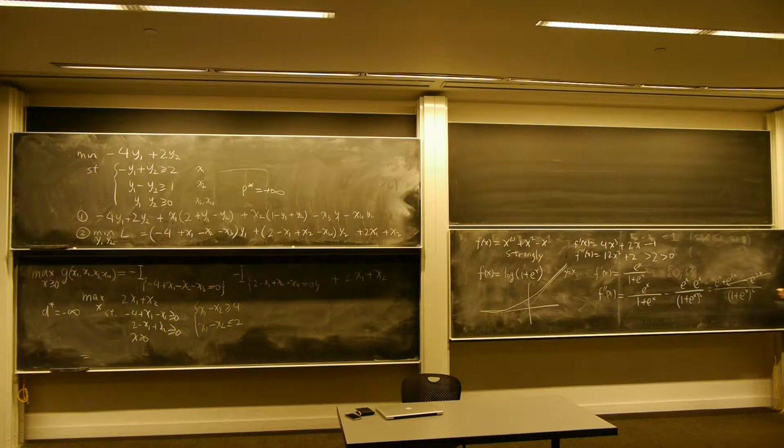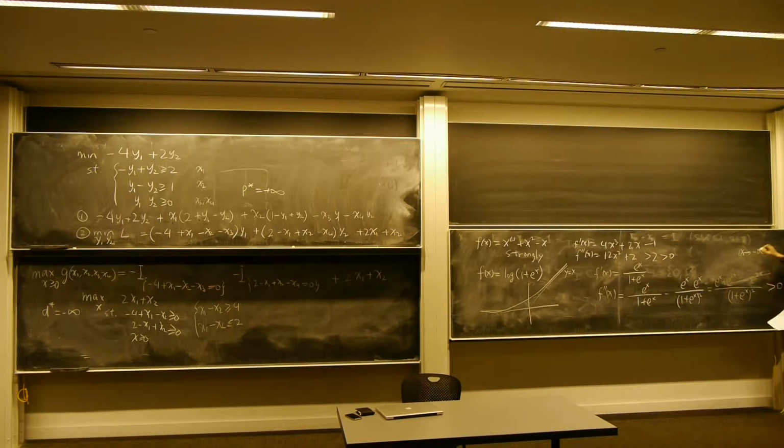You get e^x on the numerator and (1 plus e^x) squared on the denominator. Sorry, denominator. Okay, so this is greater than 0. That's fine. It means it's convex. But you can see as x goes to negative infinity, e to the negative infinity is 0.